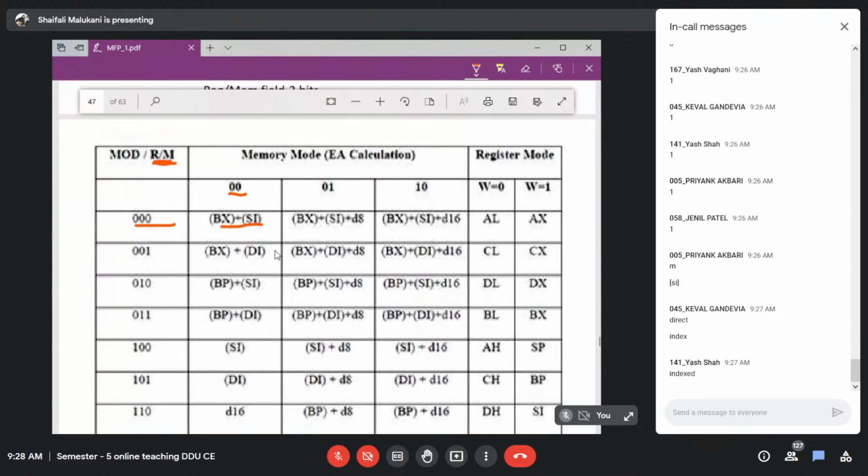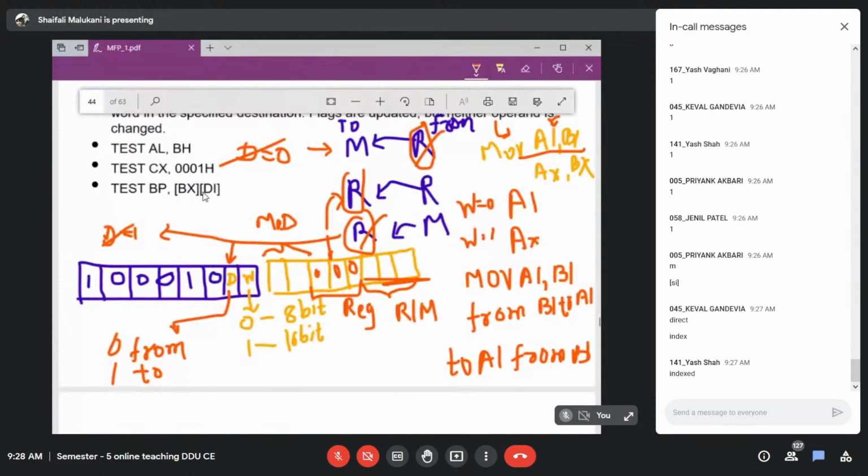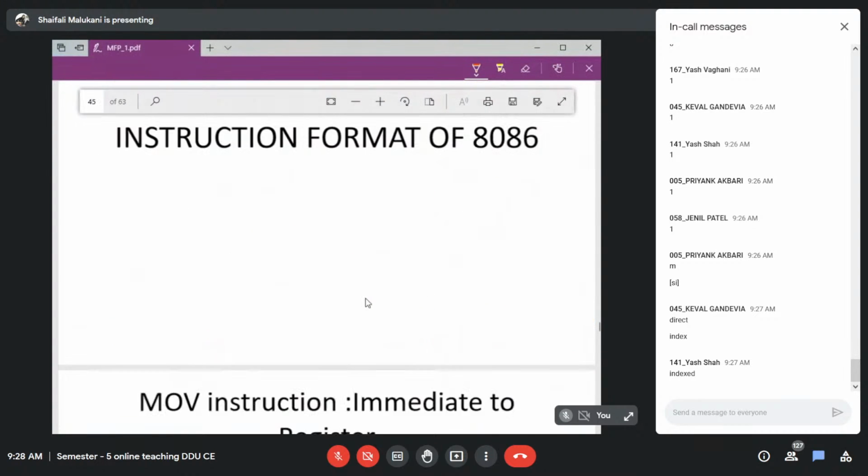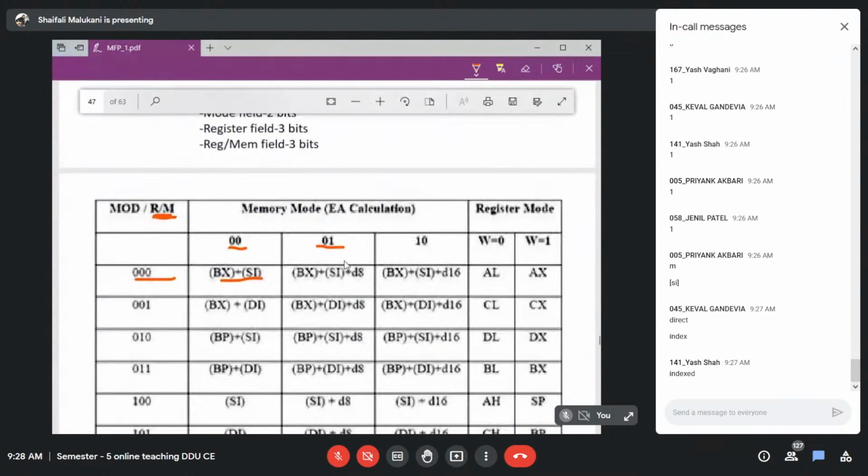Then suppose the mode value is 01 and R/M value is 000, that indicates BX, SI and an 8-bit displacement, right? Same way, if you go for 10, then BX, SI and a 16-bit displacement.